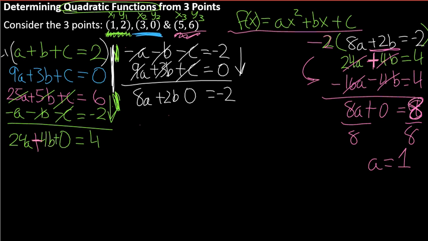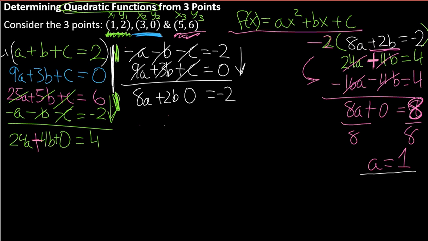Okay, so now I can take this guy and substitute it back into one of these other guys. I'm going to substitute it back into this one here in white, just because it has smaller numbers.